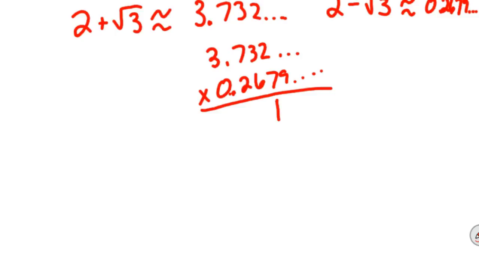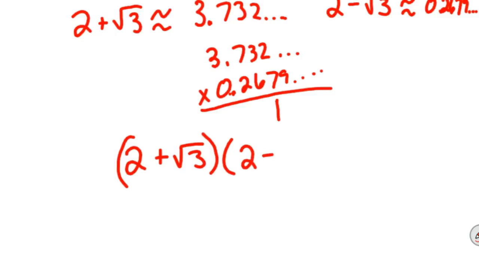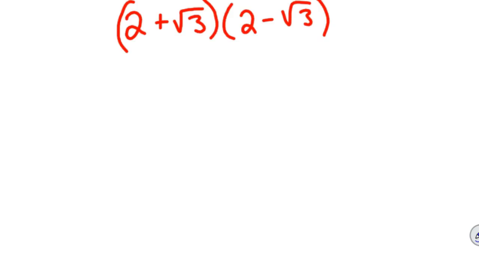So let's take the actual numbers, the conjugates, and multiply them together. So 2 plus the square root of 3 times 2 minus the square root of 3. You're going to multiply those much like you multiply any binomial.